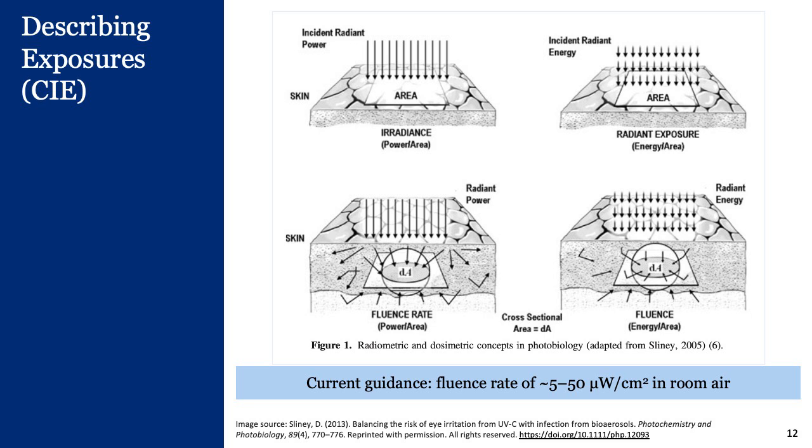Now, that's important in dermatology, but it's not very important with germicidal UV because the UVC photons are heavily absorbed by the surface of the skin and the surface of the eye. So you don't have much backscatter.